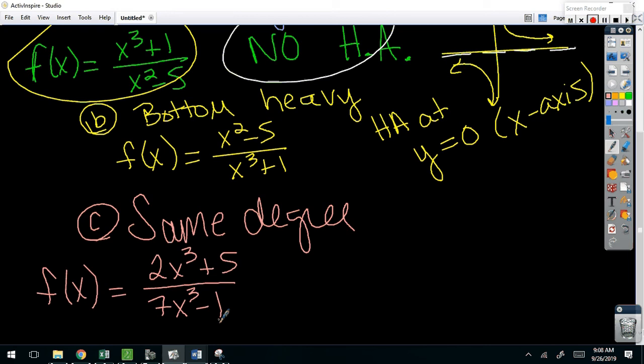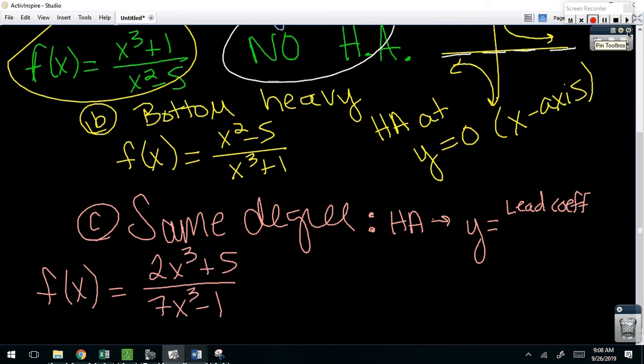If they have the same degree, then your horizontal asymptote is the leading coefficient. What is a leading coefficient? The number that leads the equation, the number that's hooked to the term with the degree. So it's the leading coefficient of the top divided by the leading coefficient of the bottom.